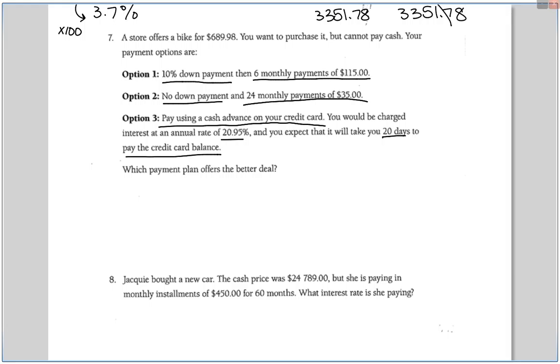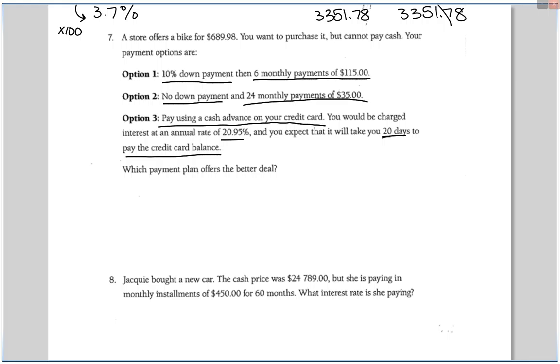Now, if you're a responsible credit card user and you know that it's going to take you 20 days to pay the credit card balance, then this is probably the best option, option 3. But most people do not know if in 20 days they'll for sure be able to pay this off. If you were that stable, then you probably wouldn't even be in this situation in the first place. You would probably have the $700 for the bike right away, if you know that in 20 days you'd be able to pay it off. So, to me, this kind of stuff is a little bit hypothetical, but we're just here to practice the math.